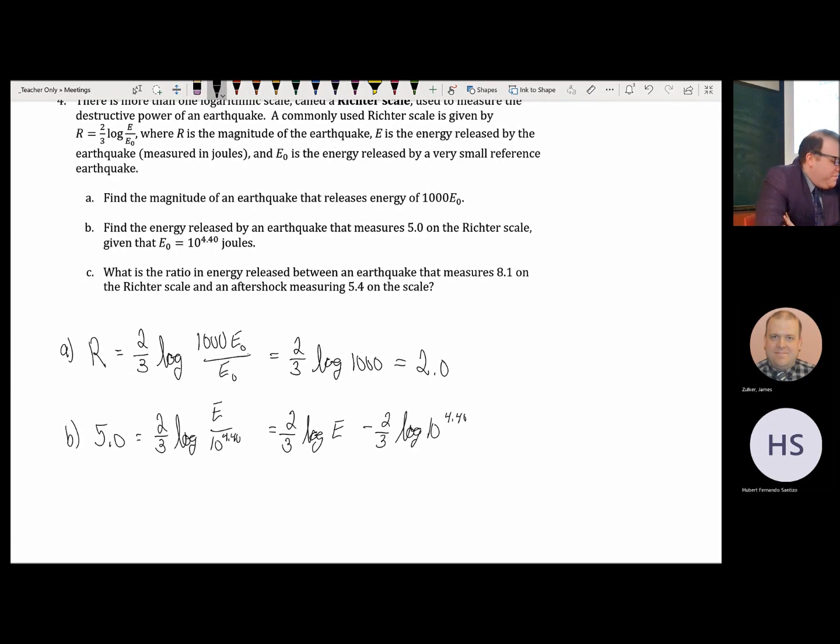This is where we're going to have to split it. Common log of 10 to the 4.4 is 4.4. 2 times that, 8.8. Right, this is 8.8 over 3 for now.